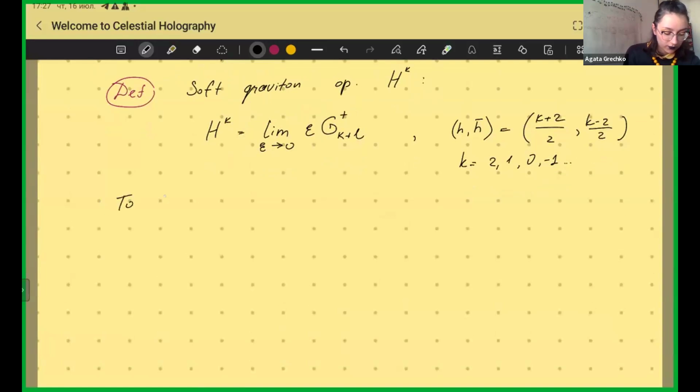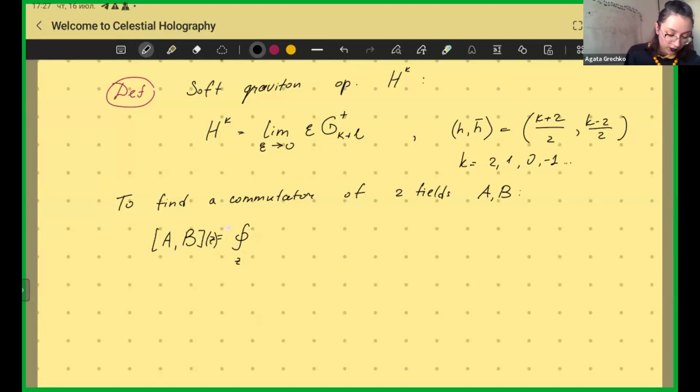Just to find the commutator of two fields A and B, we need to take a contour integral around one of the points where the commutator is taken of the operator product expansion of two fields.